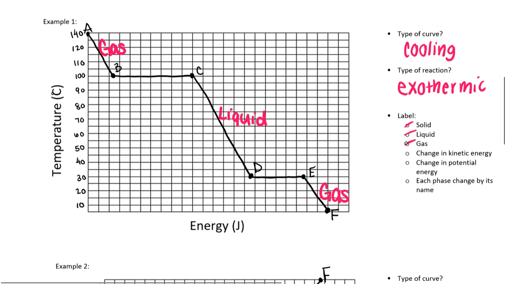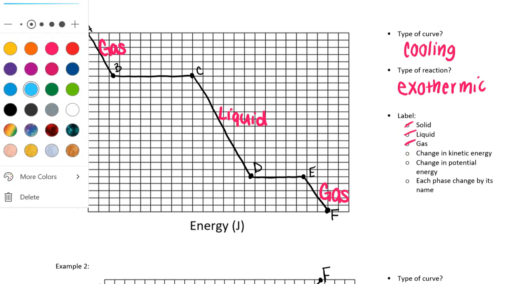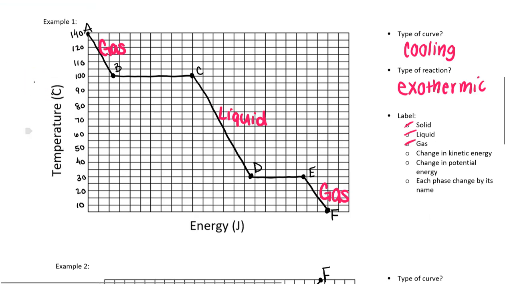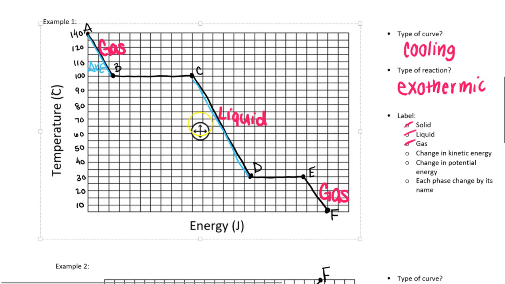Next, we should be able to label where we have a change in kinetic energy. So anytime we have a temperature change, we have a change in kinetic energy.